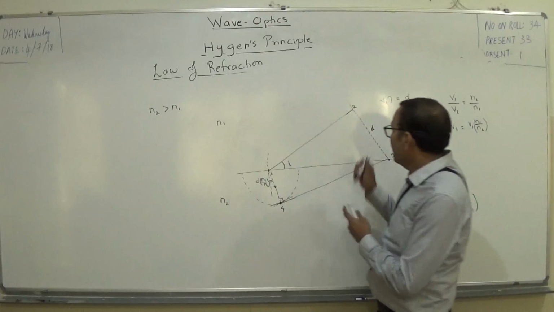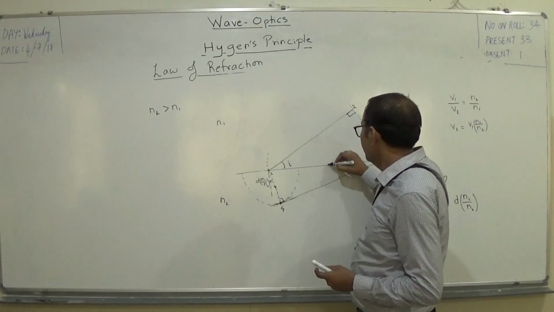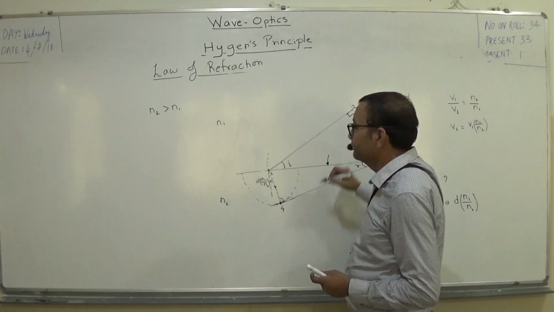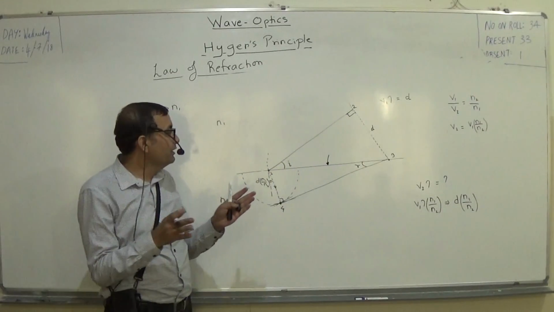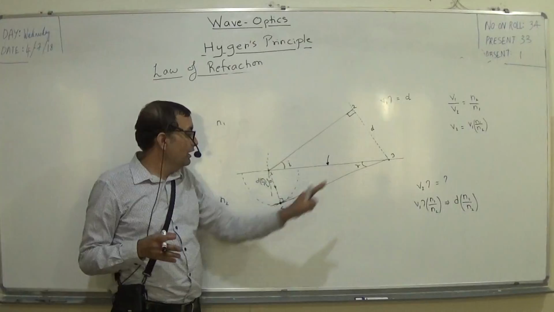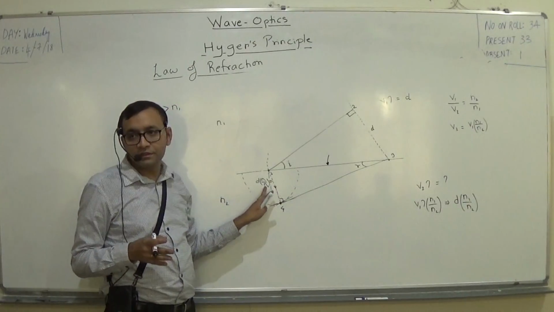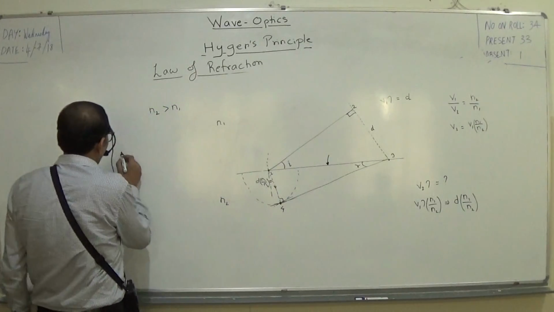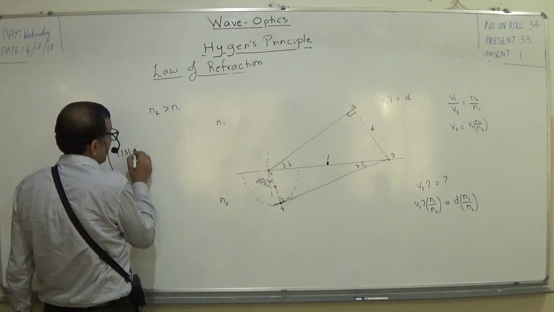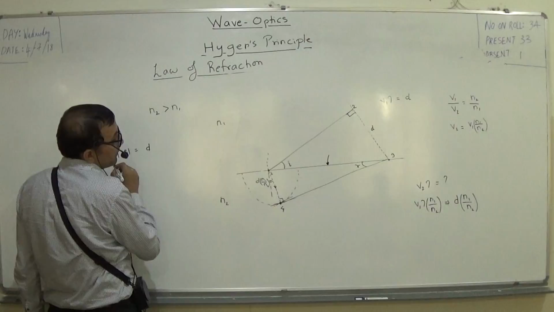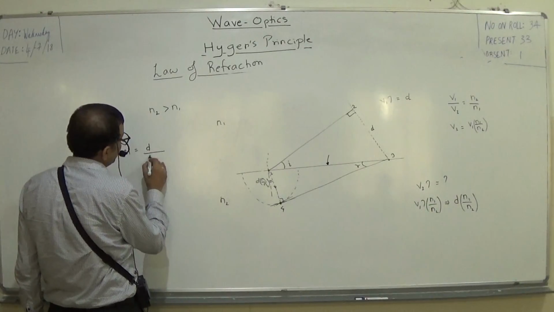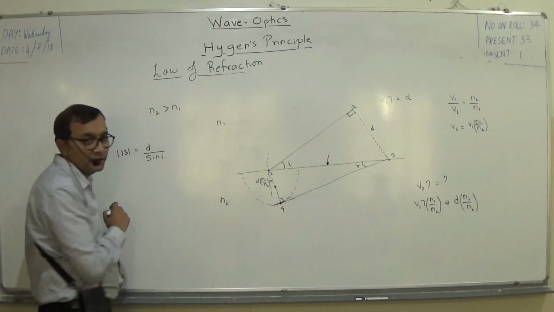See, you have 2 right-angled triangles and this side is common, 1 to 3. So you can write the distance of 1 to 3 in terms of D and then in terms of this distance. So 1, 3 distance will be equal to D divided by sin I, isn't it?